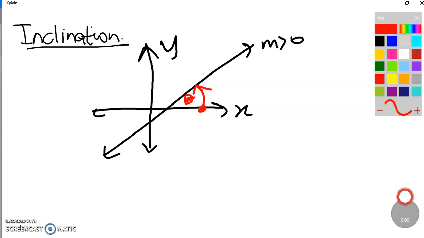Then to find this angle theta, I'll need to use a right angle triangle. I can extend this line to the x-axis at the point of origin. So these are the x-axis.